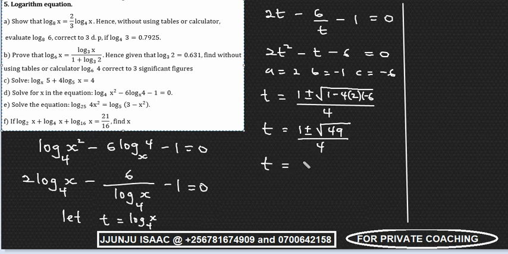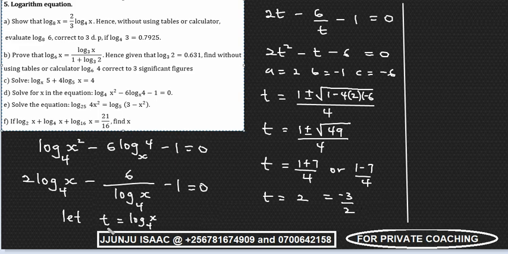So t is either 1 plus 7 over 4 or 1 minus 7 over 4. So our t is going to be 2, or our t is going to be negative 6 over 4, which is negative 3 over 2.